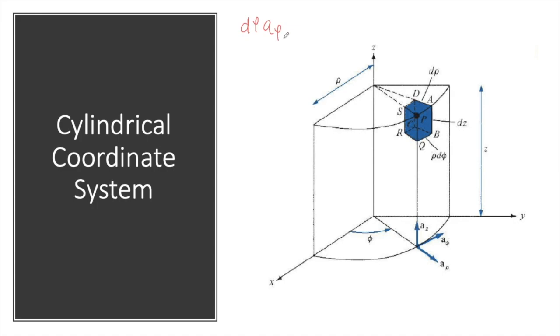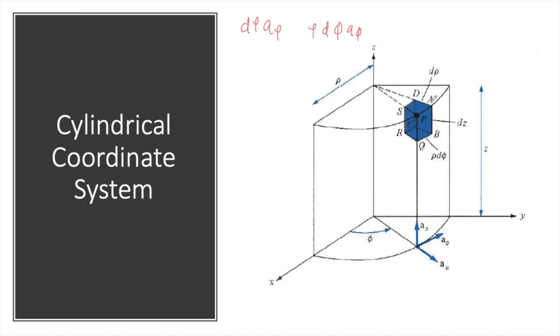Similarly, if we are moving in this phi direction, what is this arc length? How much are we moving in this? I understand that phi has changed from phi to phi plus del phi, and that is the angle that has changed. But what about the distance that we are covering here? The distance that we have covered in this case is rho d phi. This arc length is rho d phi, in the direction of phi.